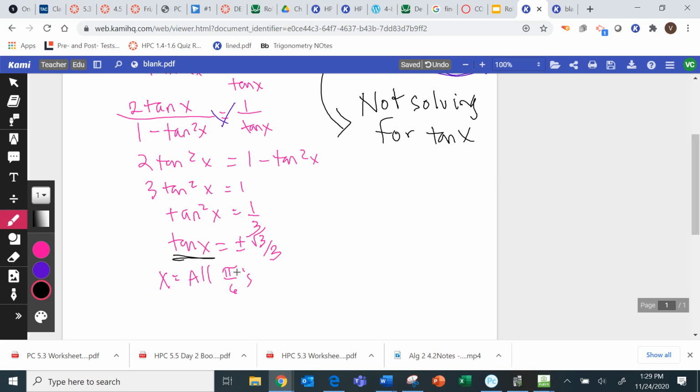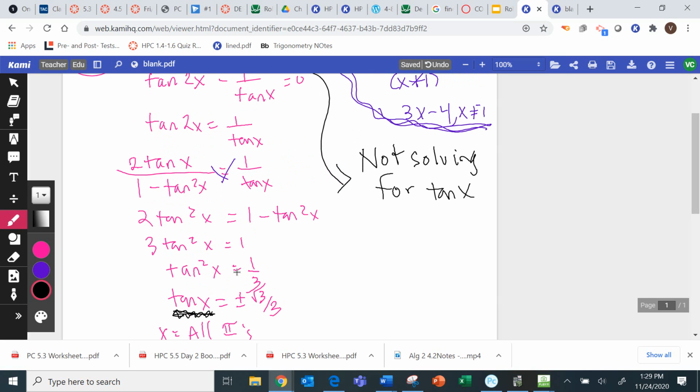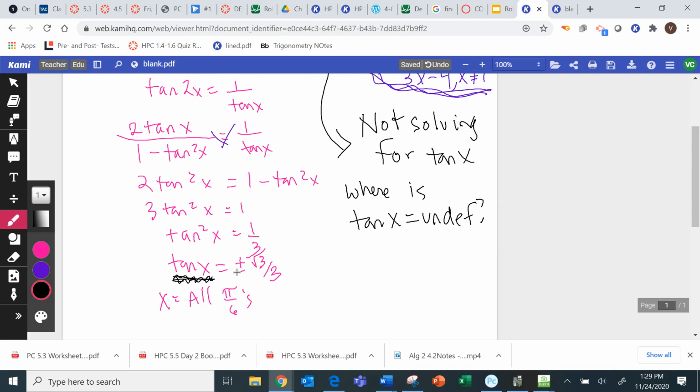So what I want to do is, because I changed what I was solving for, I want to figure out where is tangent x undefined, and just make sure that those aren't solutions for the original question. Could those be solutions? Because I didn't solve for what I was supposed to solve for.